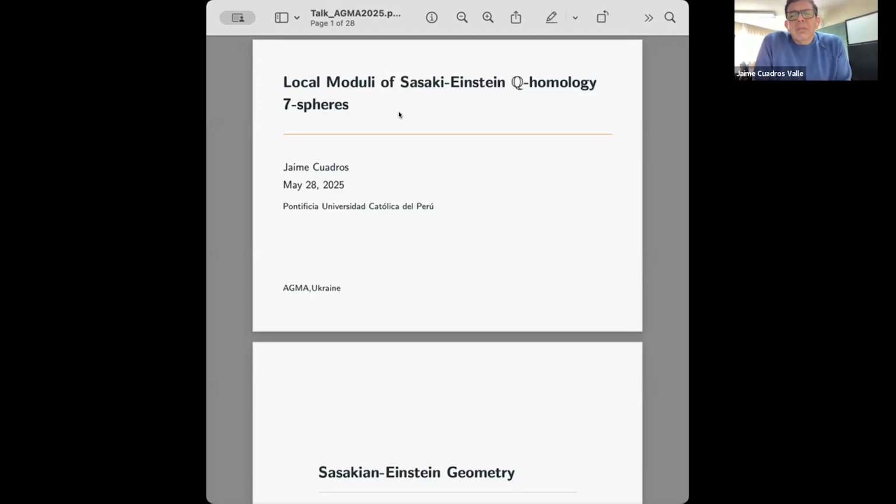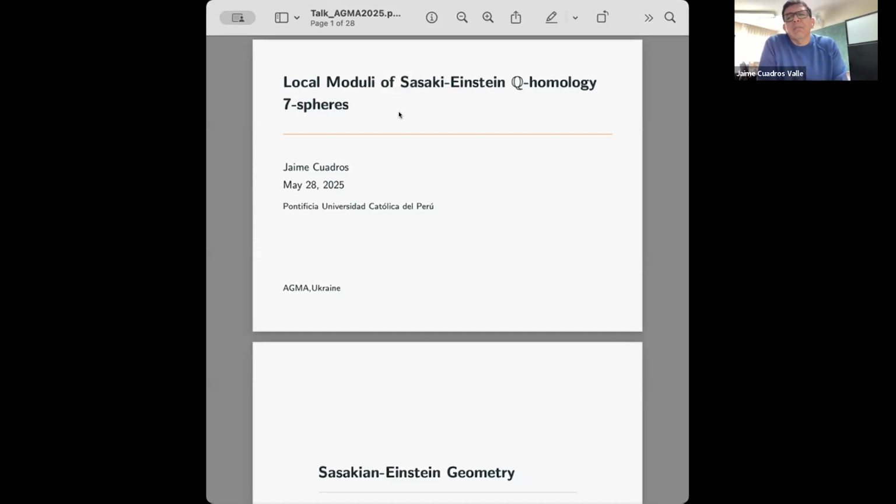Okay, I will be talking about some problem based on some recent research that I have, joint work with Joe Lope. The motivation for this problem is in the realm of differential geometry.